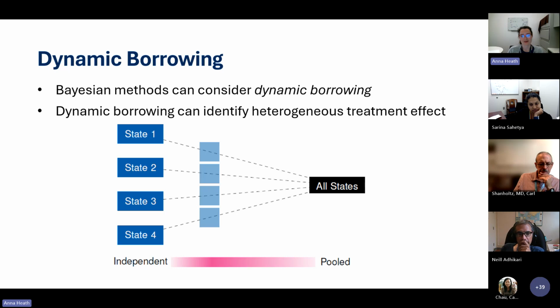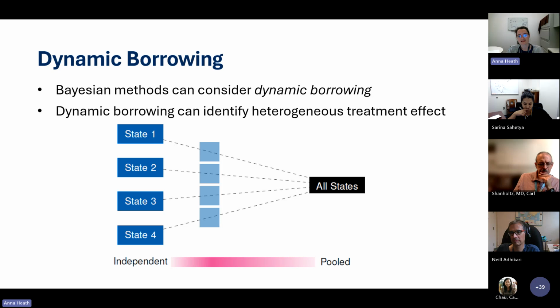So we have a prior distribution that tells us what we currently believe about where we should sit on this spectrum between independent and pooled analyses. And then we update this with the data, and that may move us further towards an independent analysis if we're seeing big differences between the different treatment groups, or closer to a pooled analysis if the differences between the treatment groups are quite small.